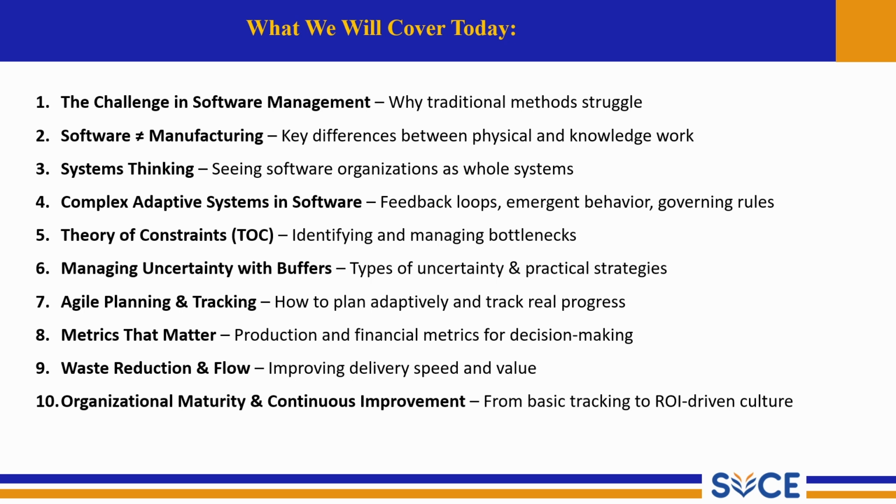And the eighth one, metrics that matter: production and financial metrics for decision making, waste reduction and flow, improving delivery speed and value, organizational maturity and continuous improvement from basic tracking to an ROI-driven culture. So these are the titles we are going through in this session.